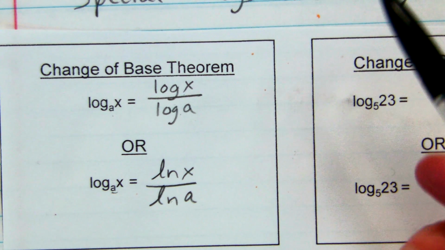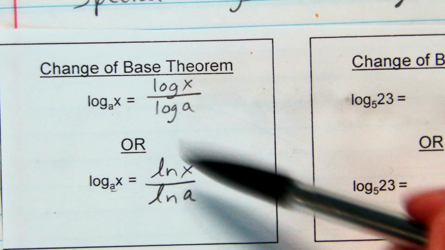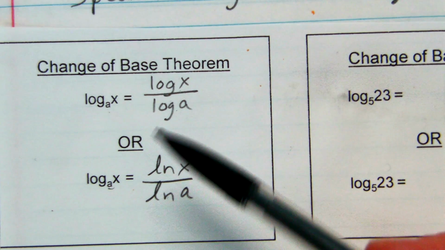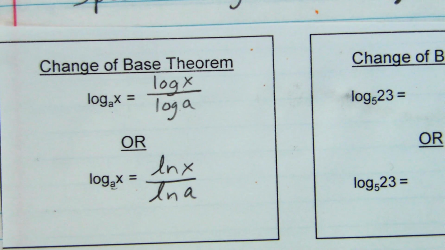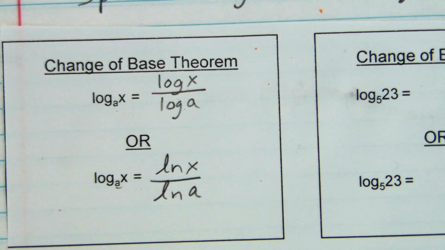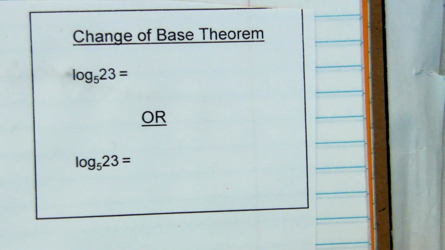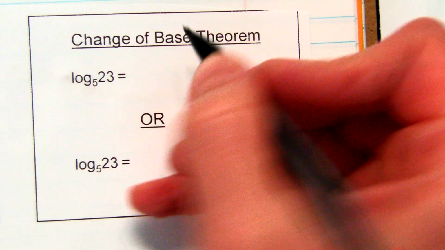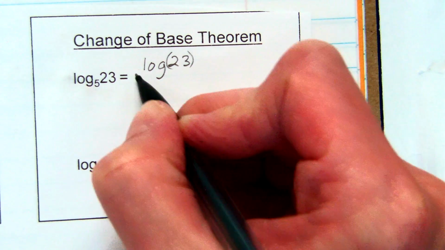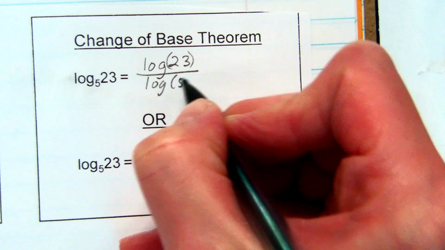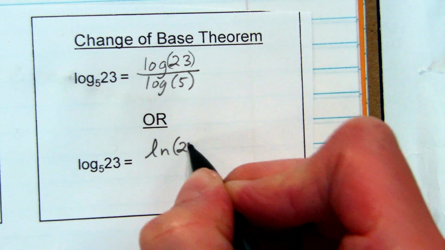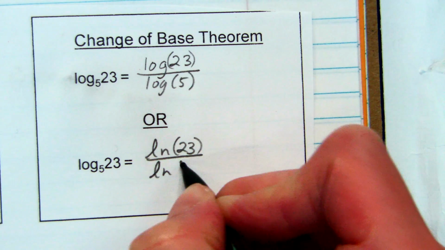Natural logs are okay. If you can use either one, it doesn't matter. So we're going to try this using both buttons on the next example. I have log base 5 of 23. So I can either do log of 23 over log of 5 using the log key, or I can do natural log of 23 over natural log of 5.